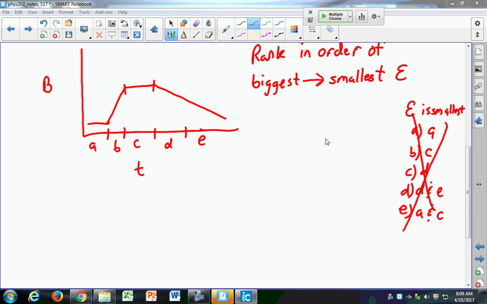So you'll have some problems like that where you have to interpret these types of graphs and interpret what the slope is doing. So the biggest EMF is at B. The smallest is at A and C, and then D and E both have the same EMF, which is going to be smaller than this EMF just because the slope is smaller.